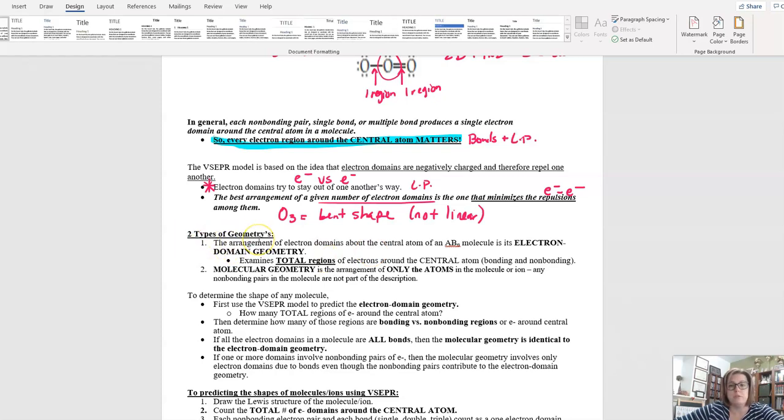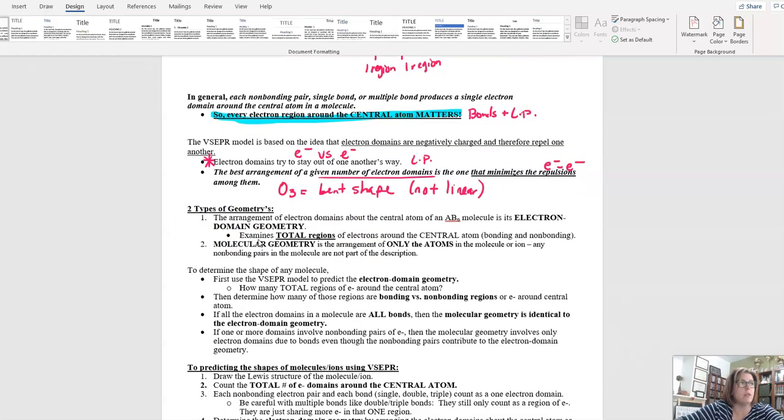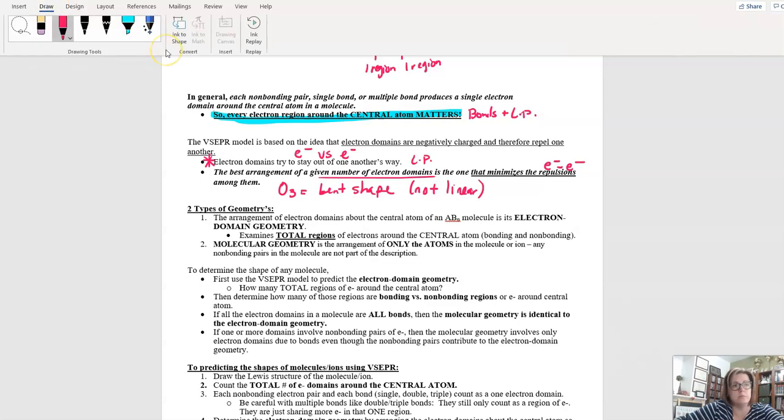There are two types of geometries. You have what's called electron domain geometry, which we just mentioned, but then you also have molecular geometry. So what's the difference between the two? The electron domain geometry is the arrangement of electron domains about the central atom, so we'll call it AB, whatever it is, with a little subscript.